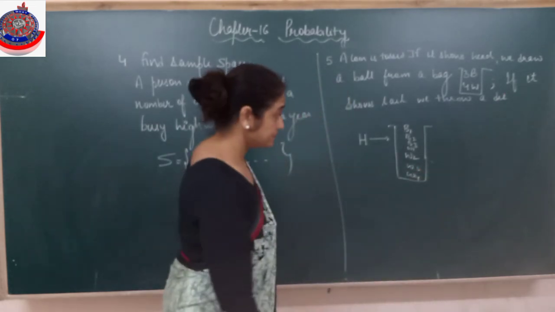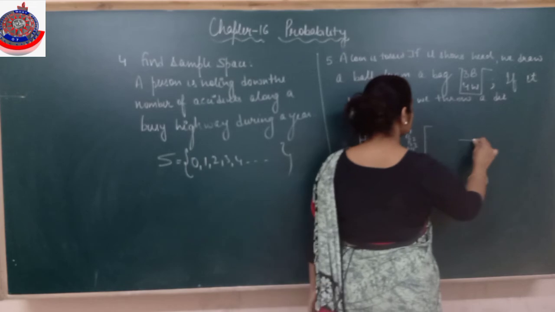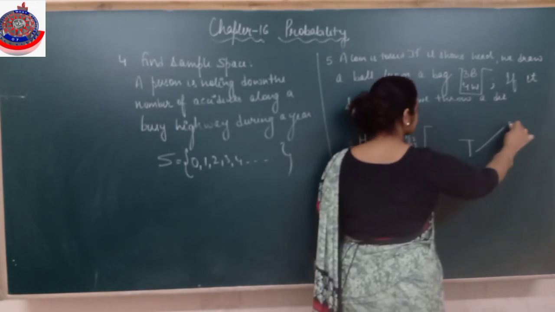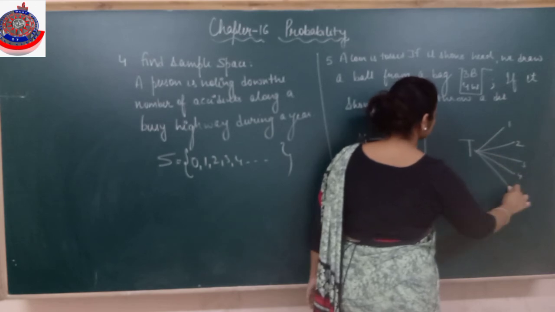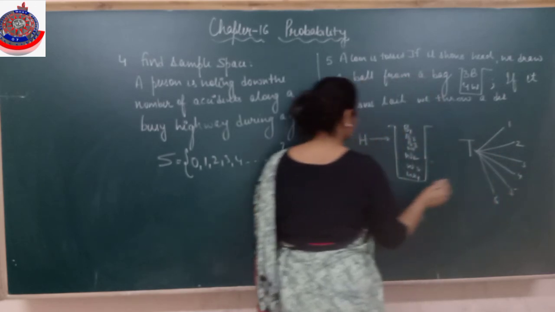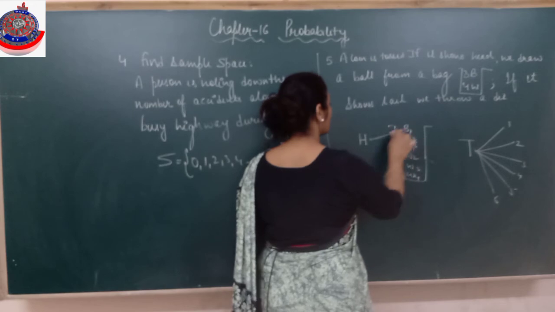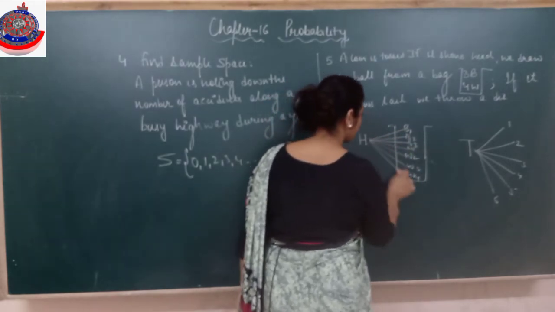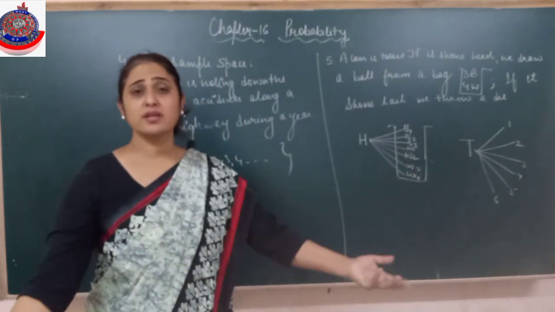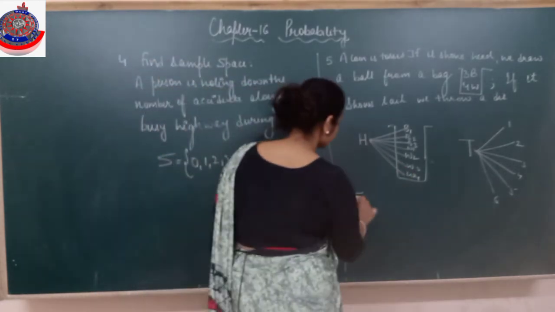या तो ये सिचुएशन है, tail आता है तो उसके बाद एक dice थ्रो किया जा सकता है, that means 1, 2, 3, 4 आ सकता है, 5 आ सकता है, 6 आ सकता है. सो head के बाद या तो बॉल ब्लू 1 आएगा, ब्लू 2, ब्लू 3, वाइट 1, वाइट 2, वाइट 3, वाइट 4. बन गया सैंपल स्पेस, कोई दिक्कत ही नहीं. So what is my sample space?